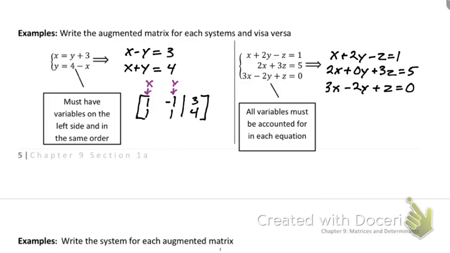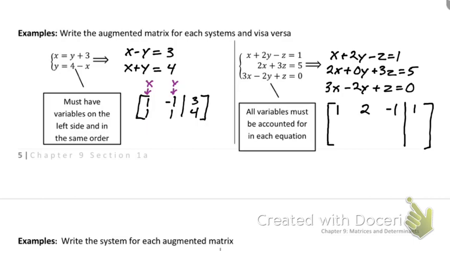Now we're just going to take all those numbers. Everything's in order. We have all our x's lined up, all of our y's lined up, all of our z's lined up. So it's all set to put into an augmented matrix. Our first equation is 1x, 2y's, -1z, and a 1.